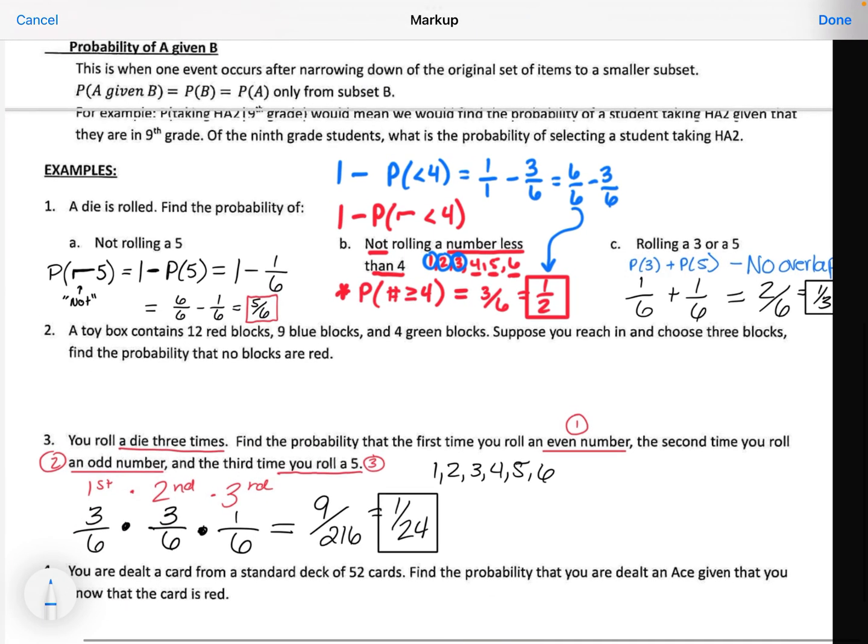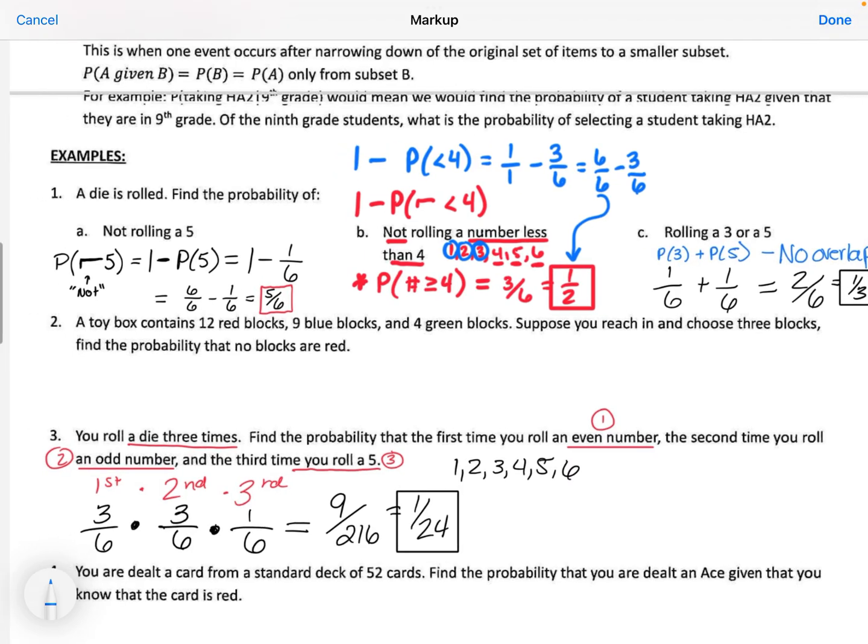Okay, moving down to problem 2. A toy box contains 12 red blocks, 9 blue, and 4 green. Suppose you reach in and choose 3 blocks. Find the probability that no blocks are red. So if we're looking for no blocks are red, I want to think about the probability of the blocks being red.